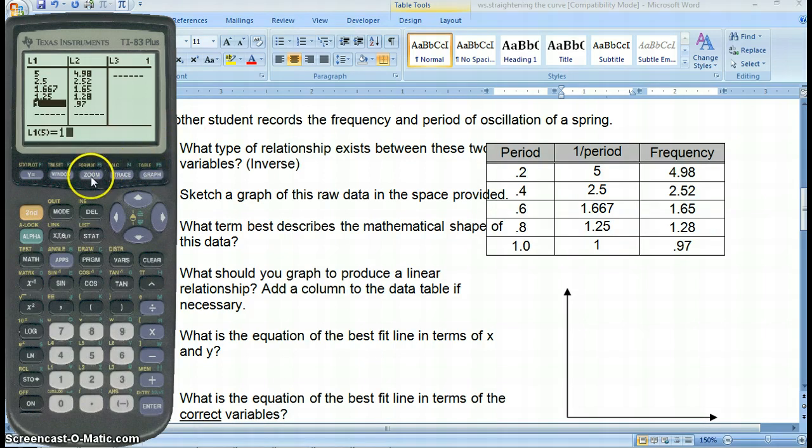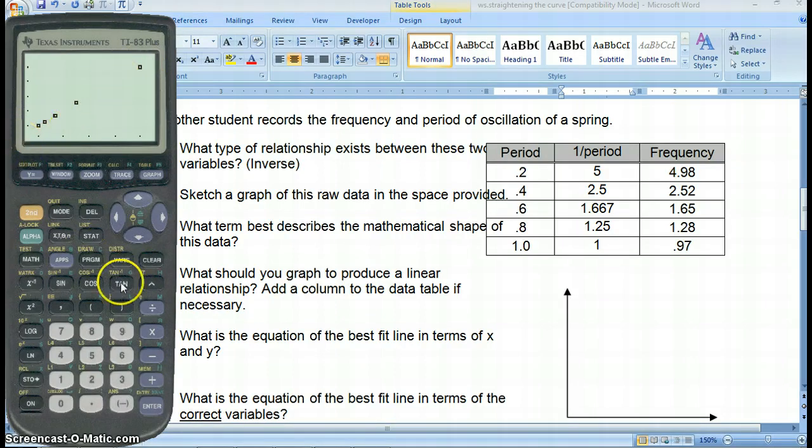Alright, so when I go back to my zoom settings, zoom 9, oh, there it is, so it's linear. So I have essentially proven that this is an inverse relationship because my data lines straight up, and I'm sure I would get a very good correlation coefficient on this one, and we can go ahead and figure out what the equation is for that relationship.